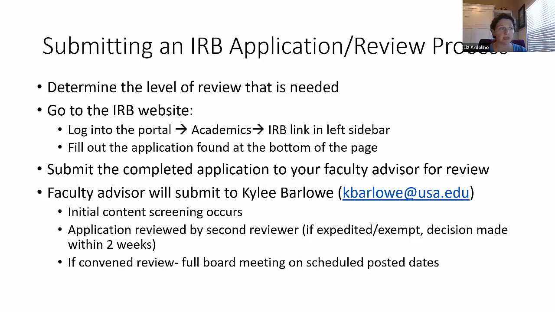If you need a convened review, and we'll talk more about convened reviews, but these are reviews where either you're doing something that is a little bit more risky for subjects, or you're using a vulnerable population, then it has to go to the full board. And you'll see that the full board meets on very specific dates. Those dates are listed on the IRB website, and you must submit your application by the 1st of the month.